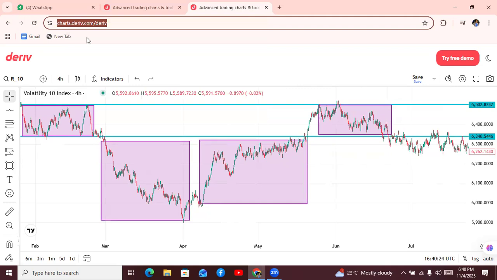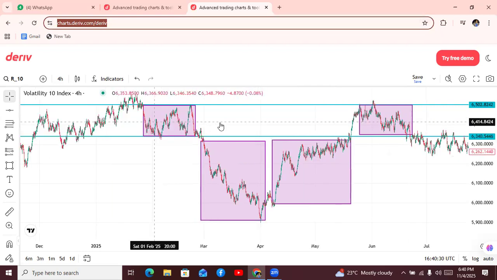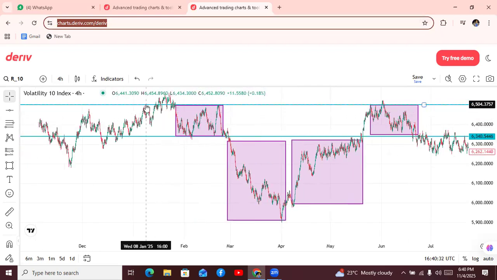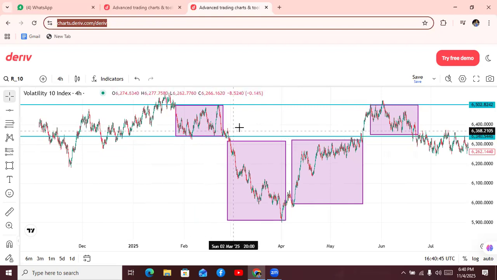You go to TradingView Deriv, then you identify these levels and those patterns. You identify your support level, your resistance level, and you also identify the patterns, and then you see the behavior of the market structure.